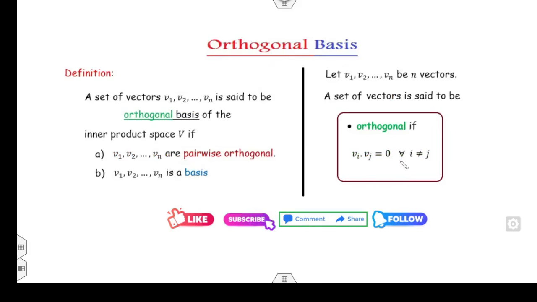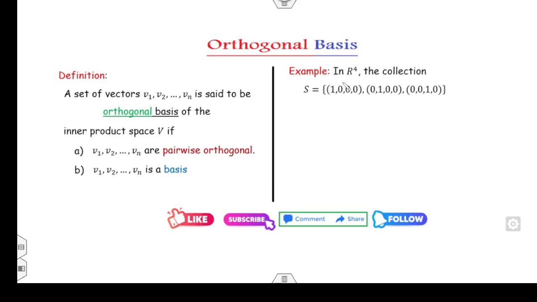Now, again I recall the meaning of orthogonal: the dot product between the vectors is 0. For example, consider the set S from R4, where this element is v1, this element is v2, and this element is v3.